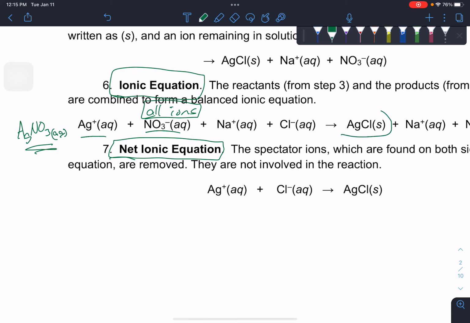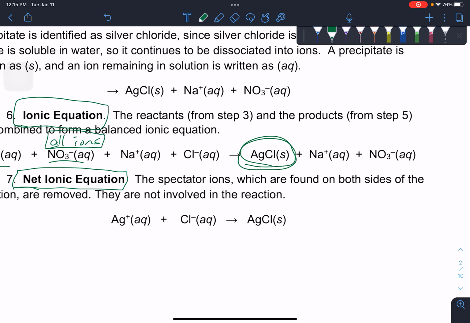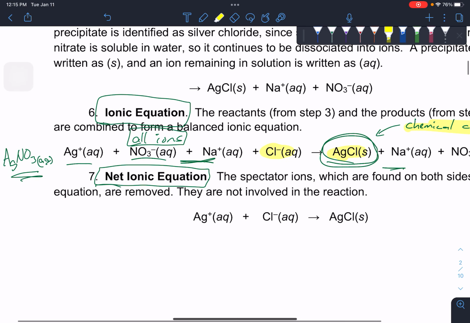The only one that actually comes together is the one that actually forms the solid. Okay? So the only one that actually changes from the reactant side to the product side is the one that's showing the chemical change. And again, that chemical change is coming from this guy.